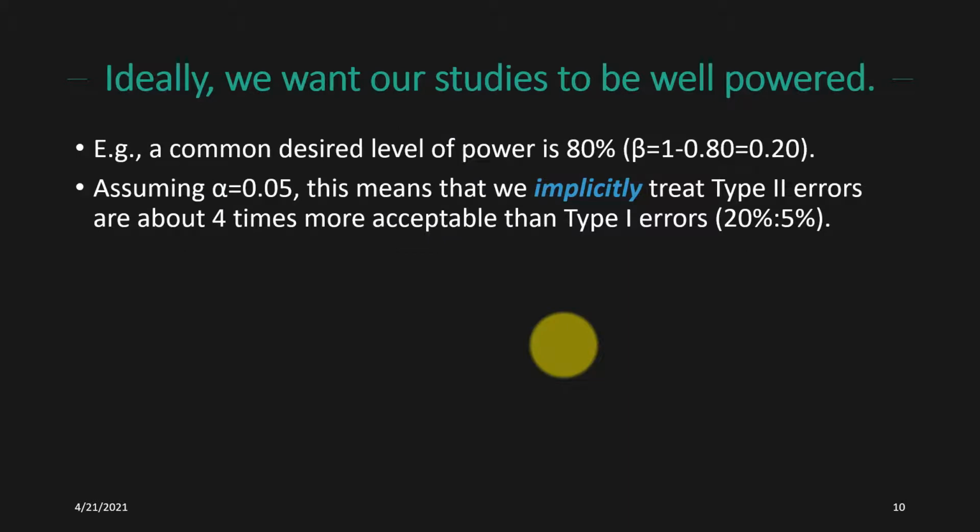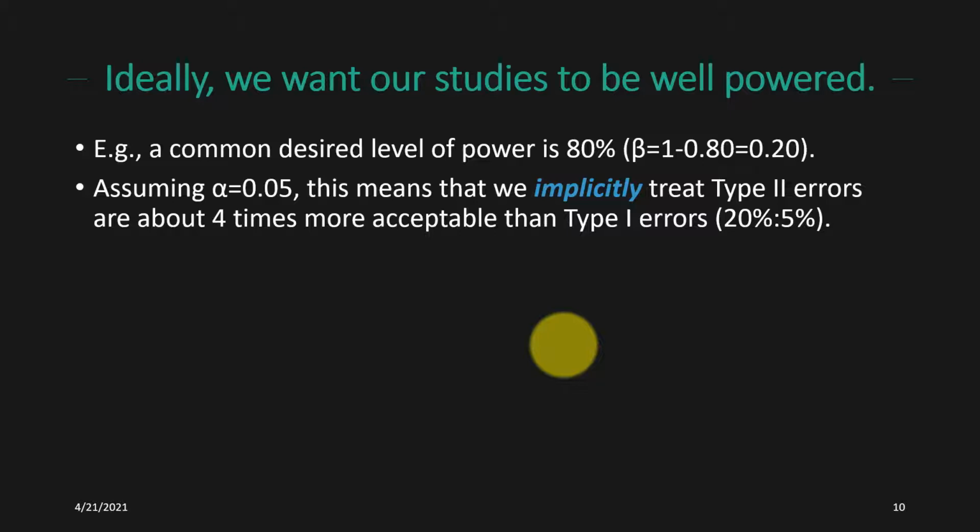So, why don't we always just set power to 80%? Well, there are some limitations here, and the key thing is that it's hard to get 80% statistical power in a lot of situations. So we have to think carefully about what we're setting our alpha level to and what we're setting our statistical power to.